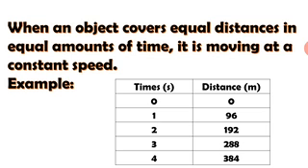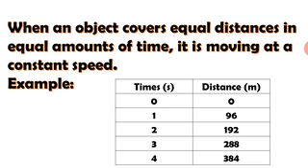So when an object covers equal distance in an equal amount of time, it is moving at a constant speed. So just like here in our table, for time 0, the distance is 0. For time 1, the distance is 96. For 2, 192. So you can see that an object covers equal distance in an equal amount of time.